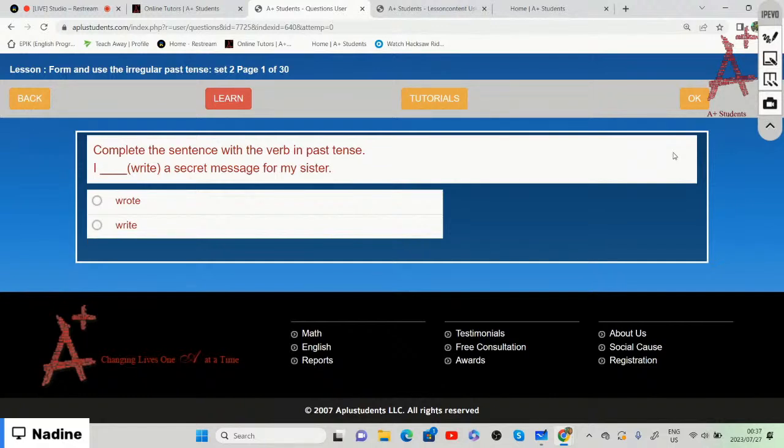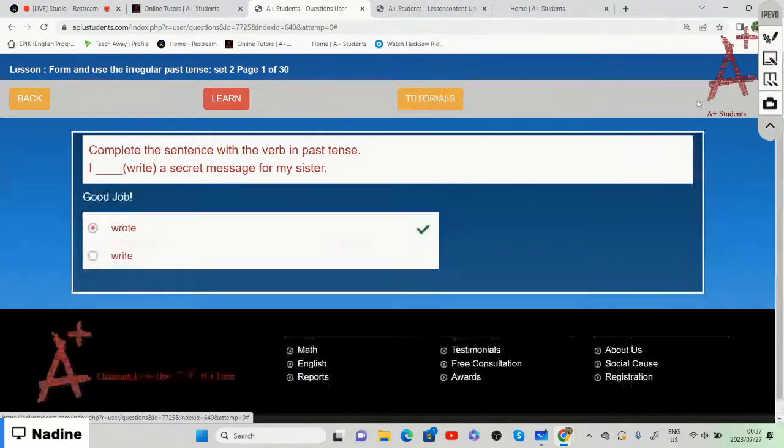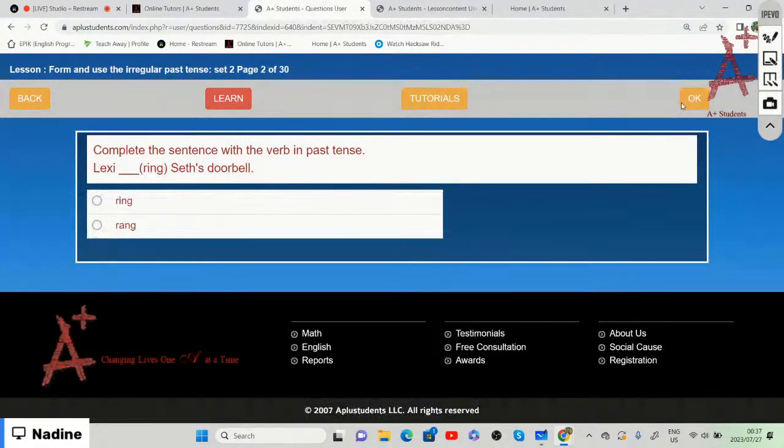If we choose the correct past tense form of write, then the irregular past tense form is: I wrote a secret message for my sister. So it is option one, wrote. So write changes to wrote.